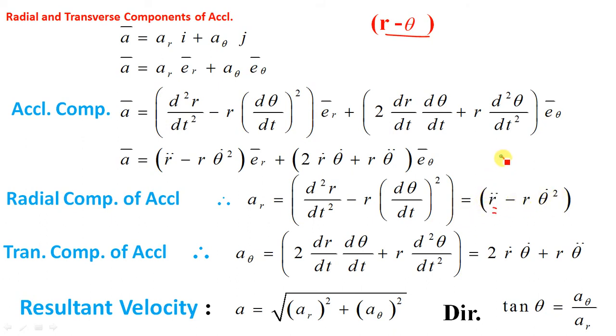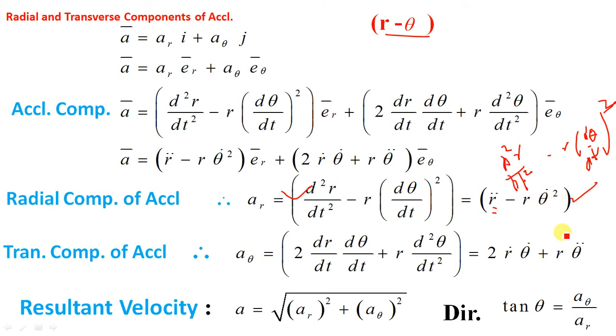So r double dot you can easily recall as d square r upon dt square, and r is as it is, and theta dot is d theta upon dt, bracket square, that is nothing but this term. Okay, so Ar is equal to r double dot minus r theta dot square.